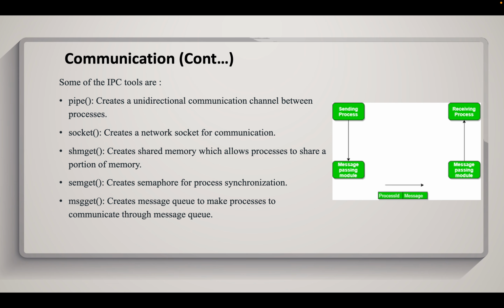SEMGET creates the semaphore for process synchronization. MSGGET creates a message queue to make communication between the processes. These, SHMGET, SEMGET and MSGGET, are System V inter-process communication tools. Pipe is also an IPC. Socket is not IPC; that is for communicating between client and server.